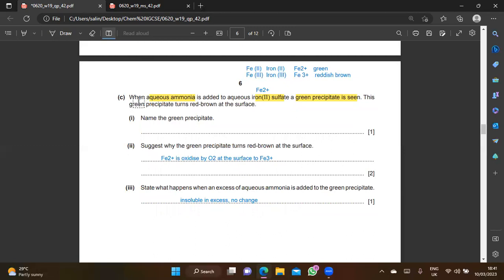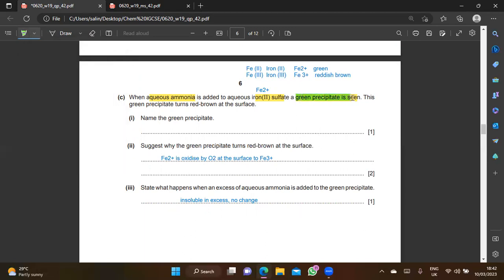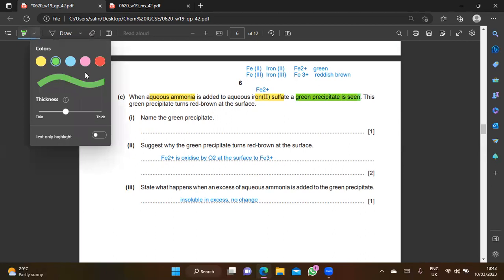All right. When aqueous ammonia is added to iron 2 sulfate, a green precipitate is seen. This green precipitate turns red-brown at the surface. So first, we have a green precipitate, and then afterward, this green precipitate becomes brown.